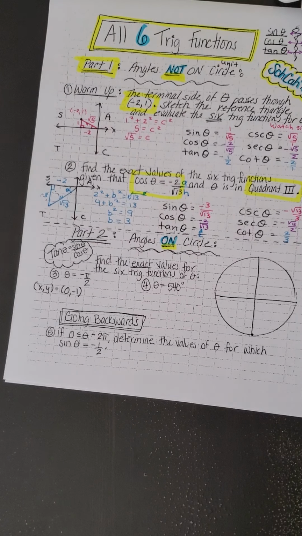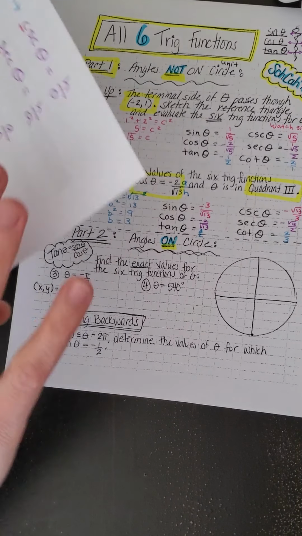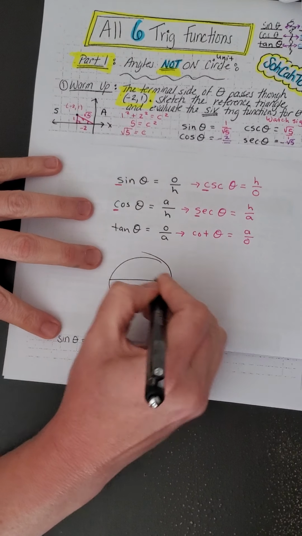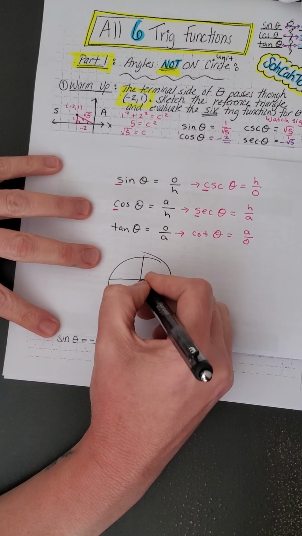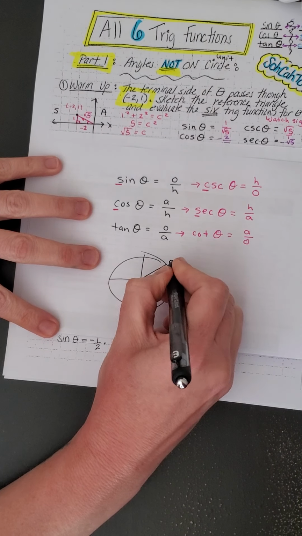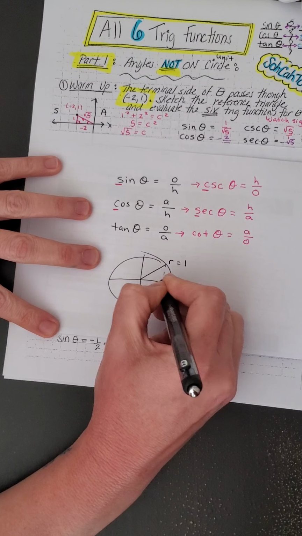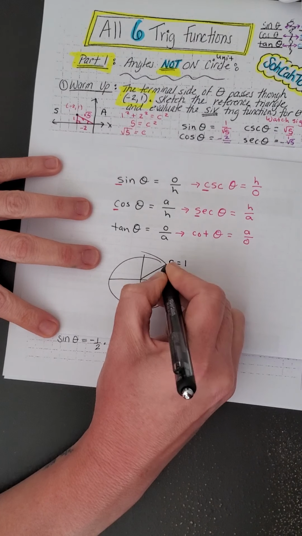So on the unit circle, you recall that the radius r is always 1, and then this is our x value, and then this would be my y value.